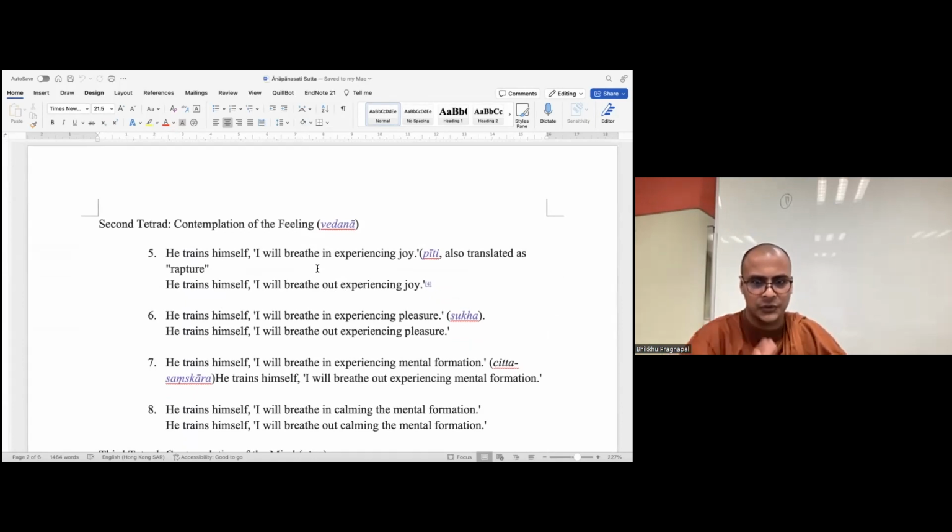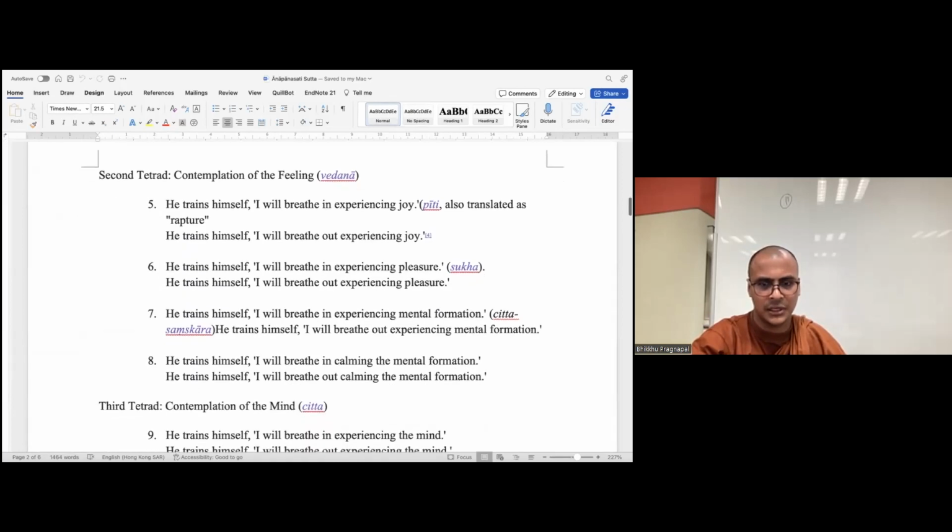When your mind calms down because of awareness, clear comprehension, and wisdom, your mind becomes concentrated, and some feelings start within. That is, as we said, piti, sukha, and chitta sankhara.